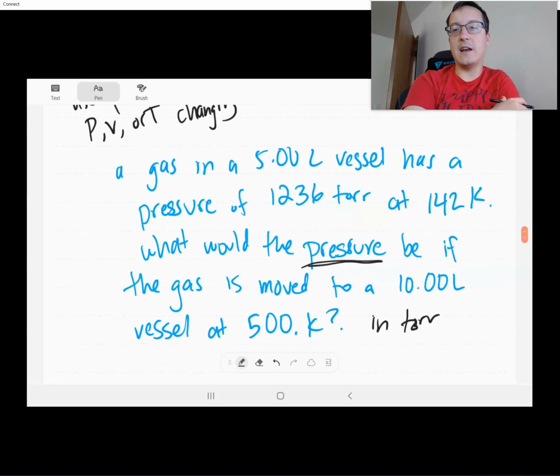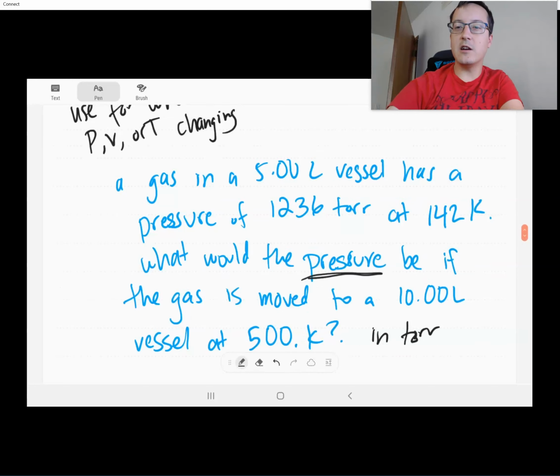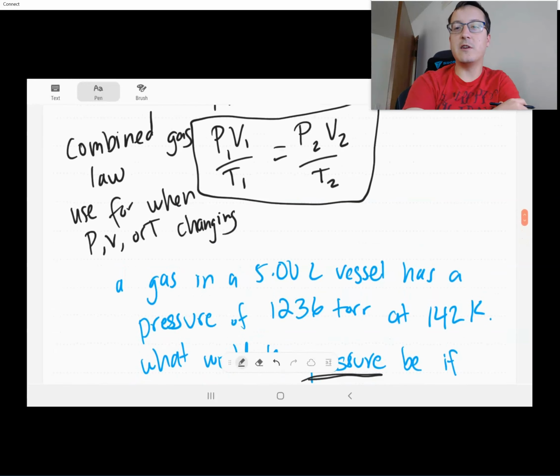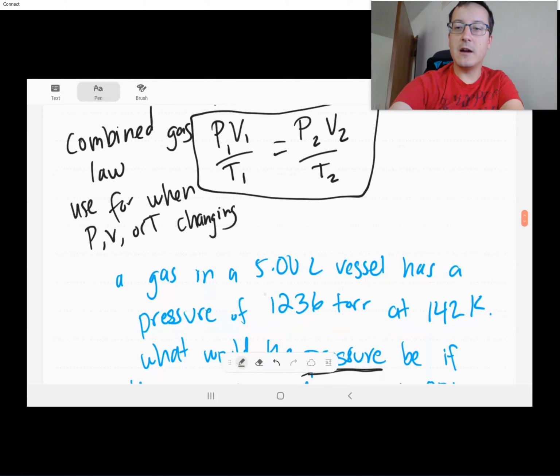Let's go ahead and assign some variables to these numbers. So our equation is P1V1 over T1 equals P2V2 over T2. What should the 5-liter number be? Yeah, that'll be V1, right?